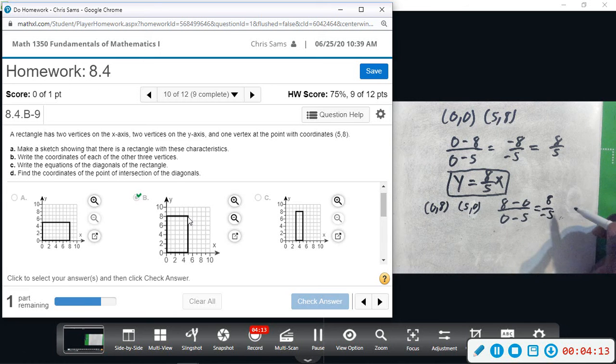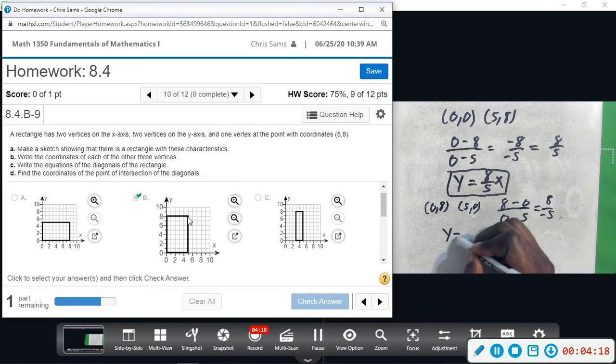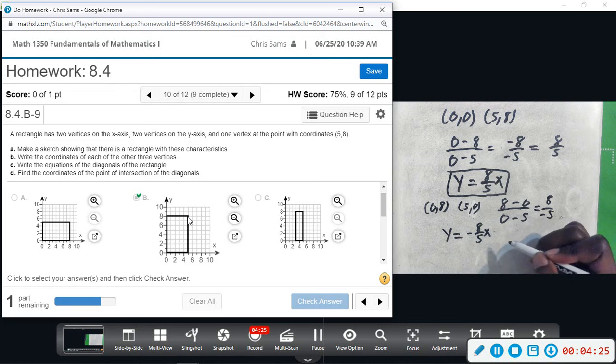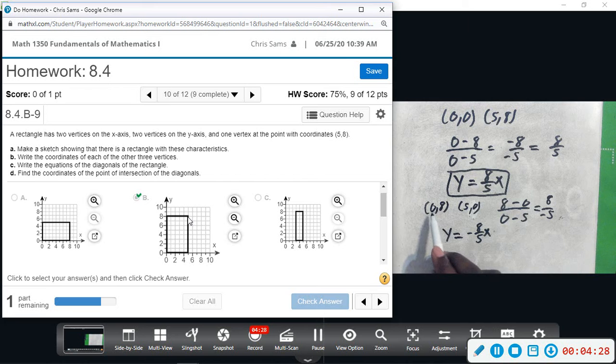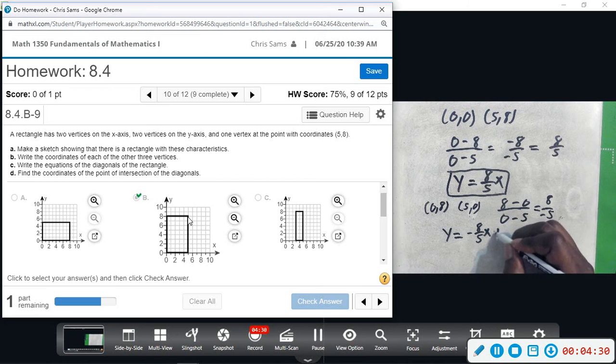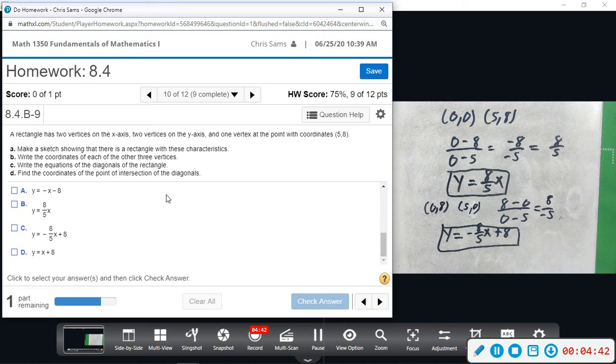Okay, so just the opposite of the previous one, so we have y equals negative 8 over 5x. The y-intercept is this ordered pair right here where x is 0, so we have a plus 8. So these will be our 2 equations of the diagonals. We have slopes of 8 over 5 and negative 8 over 5.